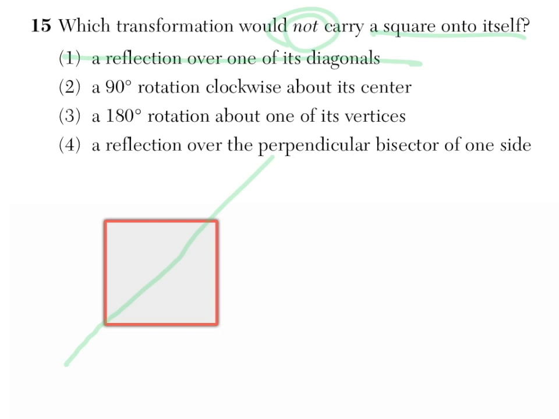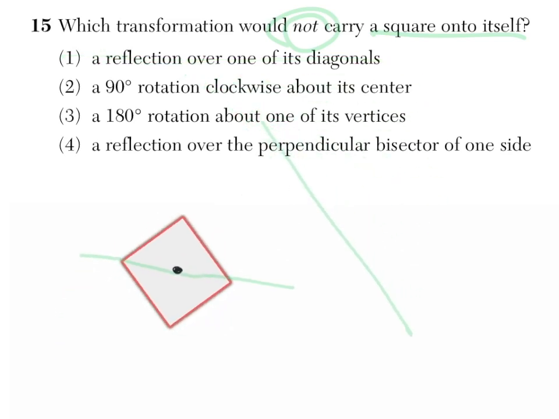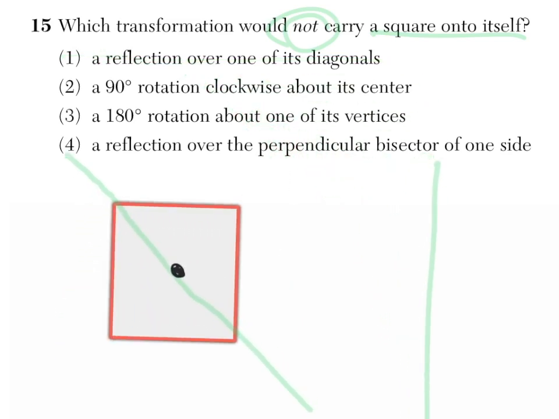Option 2, a 90-degree rotation clockwise about its center. So if we imagine this is the center more or less, and it's rotating 90 degrees, it will look exactly the same. So we know that option 2 is also not one of the answers. So it's not 1, it's not 2. Let's take a look at option number 3.